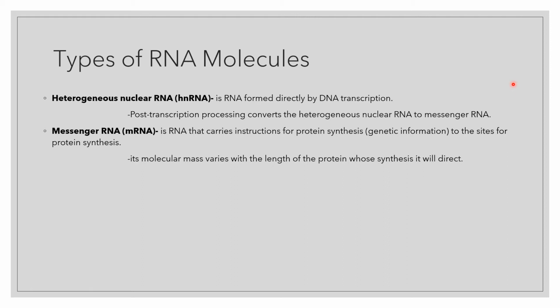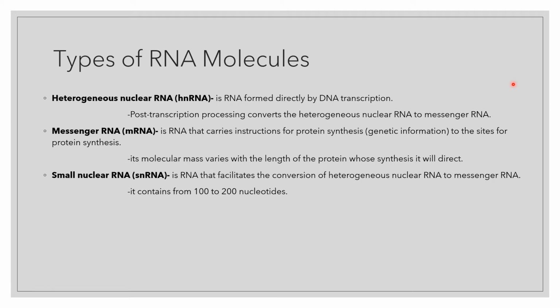Messenger RNA, or mRNA, is an RNA that carries instructions for protein synthesis, that is the genetic information, to the sites of the protein synthesis. Its molecular mass varies with the length of the protein whose synthesis it will direct.